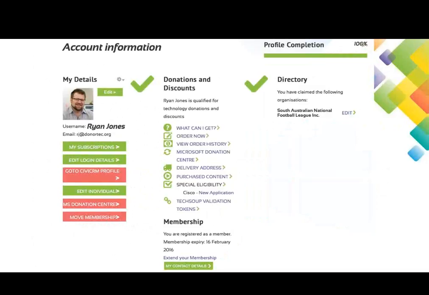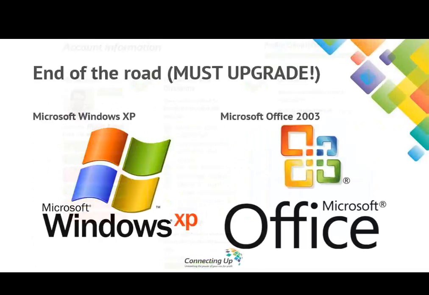Alrighty then. Now, some stuff that's not quite as current, but still really important. I still find organizations that are using Windows XP and Office 2003. It's really important here to emphasize that these are end of life. They've been end of life for 12 months or more now, which means there's no more security updates or upgrades.